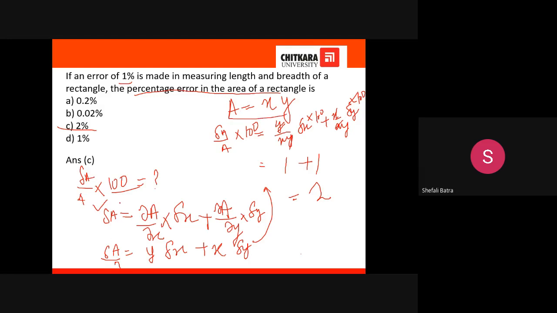Then find the error in A. The percentage error in length and breadth was given to you, so delta x upon x into 100 is equal to 1, similarly delta y upon y into 100 is again 1. After finding this error in area, we need to find out the percentage error. That is why we are dividing this error with the original value and then multiplying by 100. So the answer is C, that is 2%.